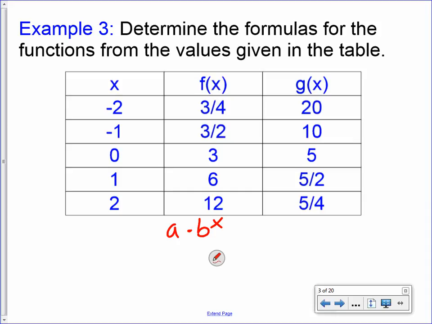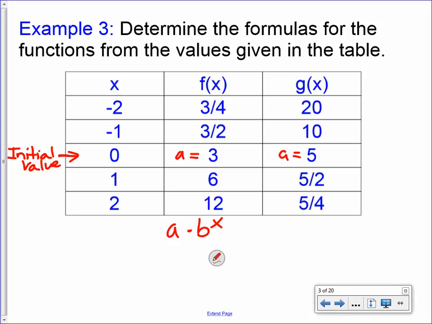If you look at the table, these are the initial values right here. So for f of x, the initial value is 3, and for g of x, the initial value is 5. Essentially, these are the a values.